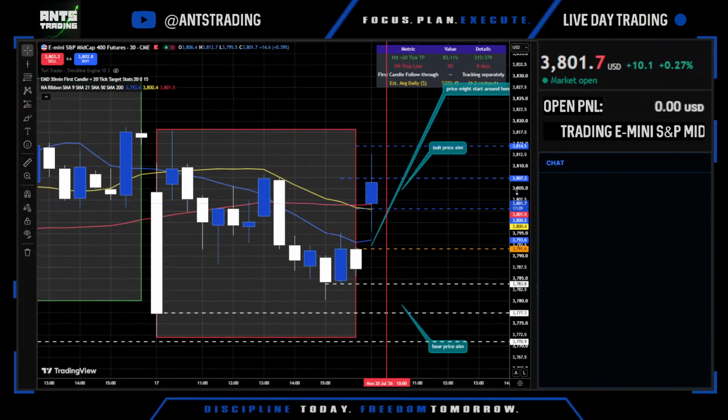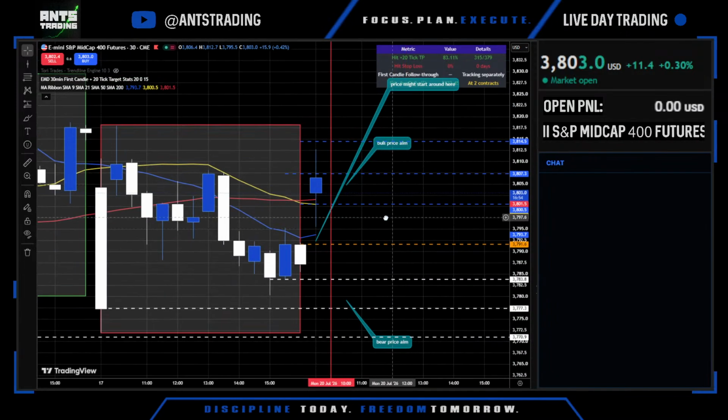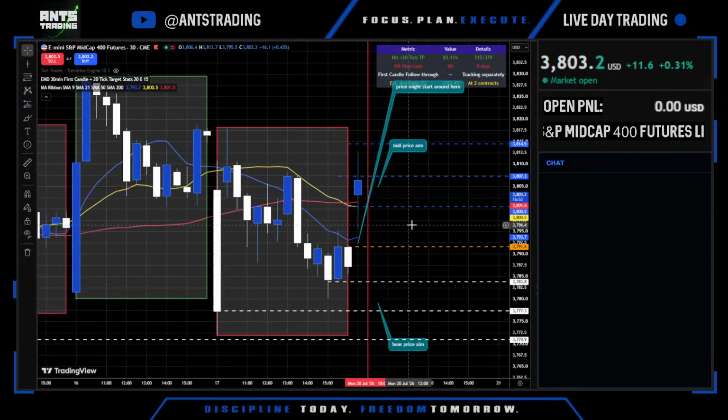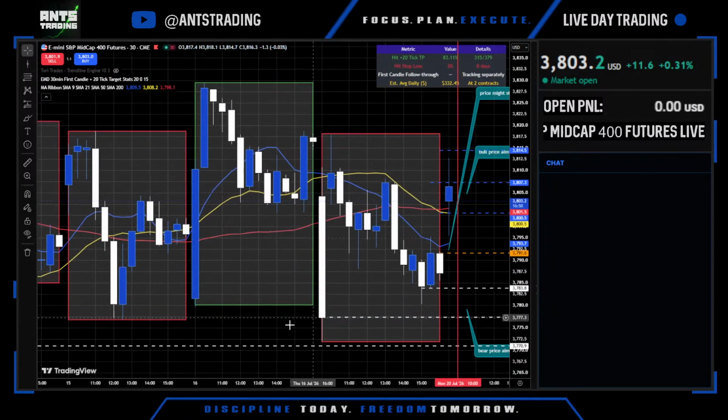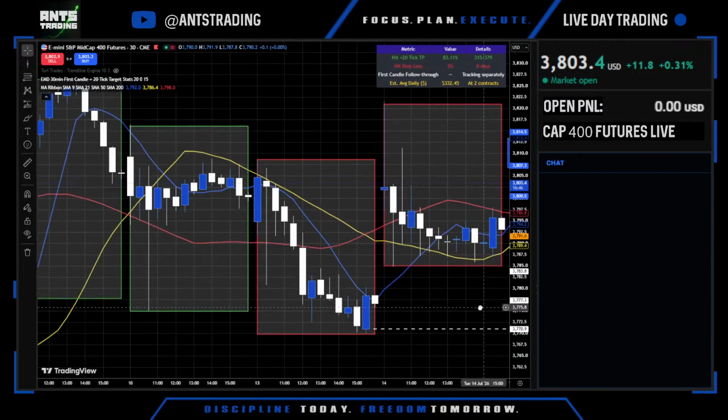But I don't really like this movement, mainly because of how big these wicks are. See how big the wick is and how short the candle is. That's a 50-50 chance of it going up or down. I think today is going to be one of those choppy, sideways days, because it doesn't have something big, like a big indicator.